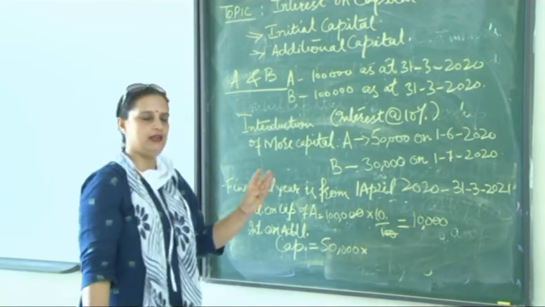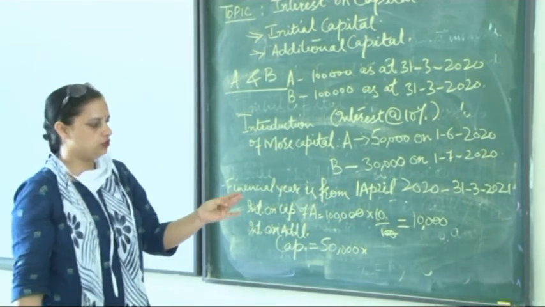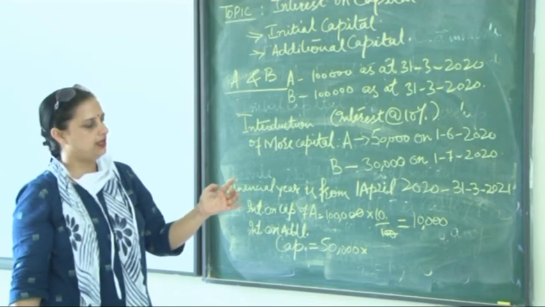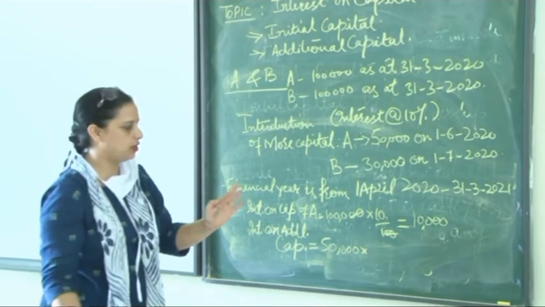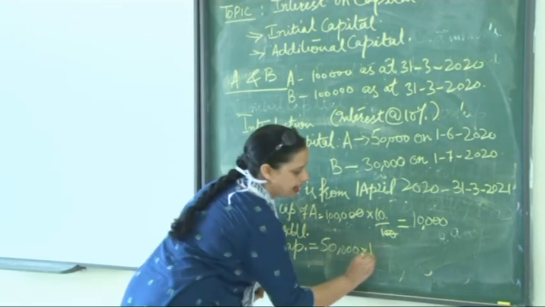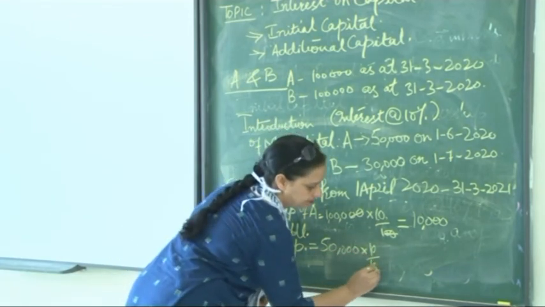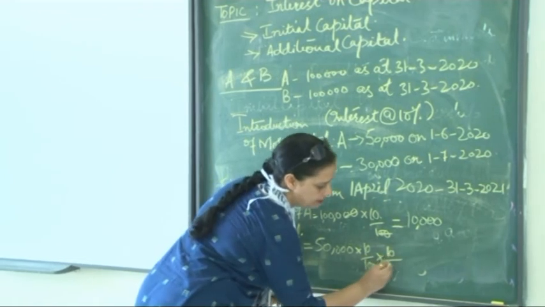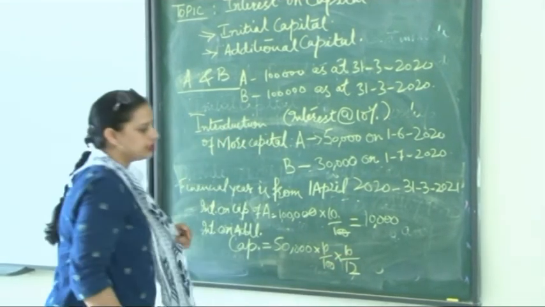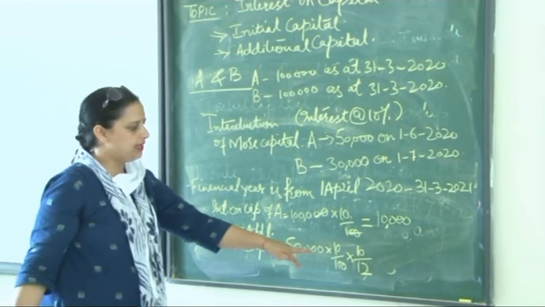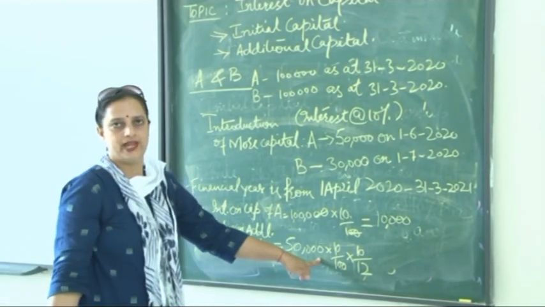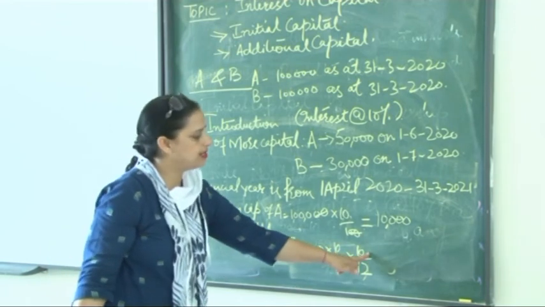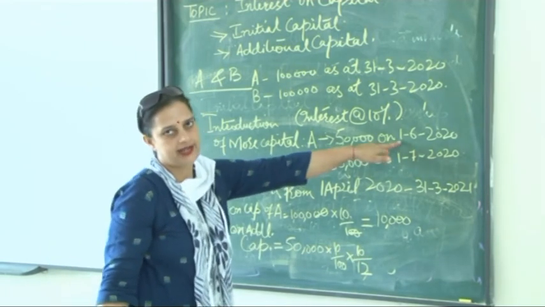June, July, August, September, October, November, December, January, February and March. It comes to only 10 months here.